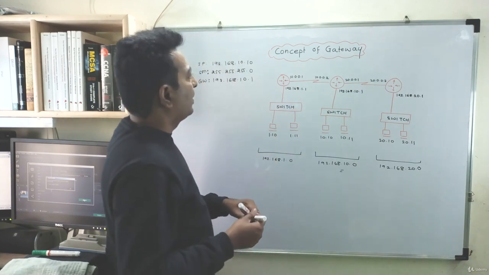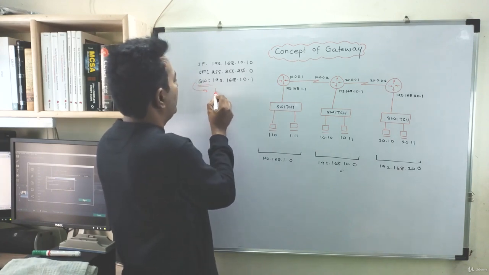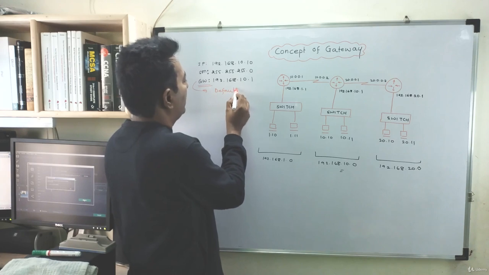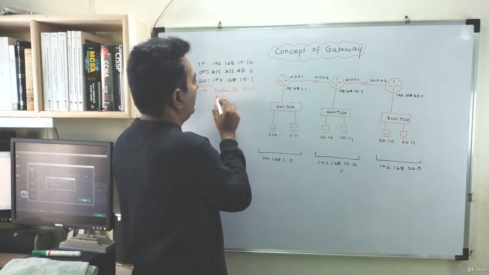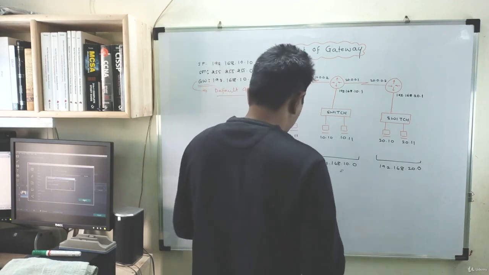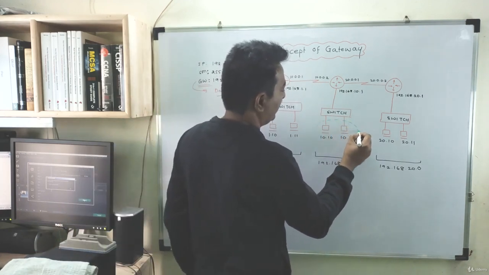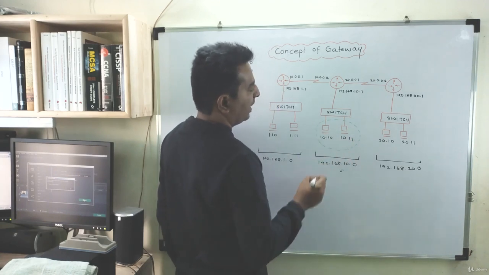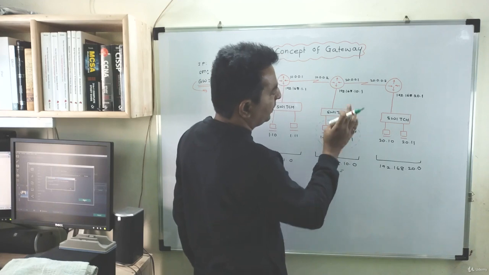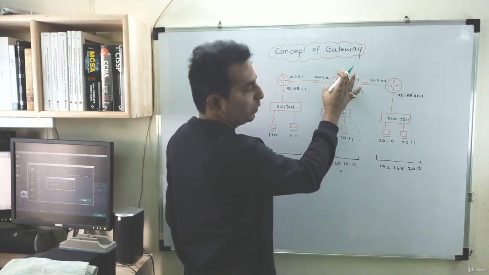So friends, the concept of default gateway. Gateway is generally pronounced as a default gateway. So what does default gateway mean? Suppose for this particular network, consider this is the network we have, and now you want to communicate with a computer in another network, like I have shown a router here.